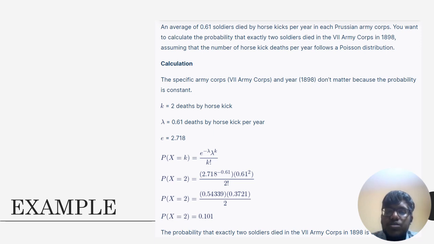By finding the values, 2.718 to the power of minus 0.61 can be written as 0.54335, and 0.61 squared is equal to 0.3721, and 2 factorial is 2. So as we divide, P of x equal to 2 will be 0.101. The probability that exactly 2 soldiers died in the 7th Army Corps in 1898 is 0.101.